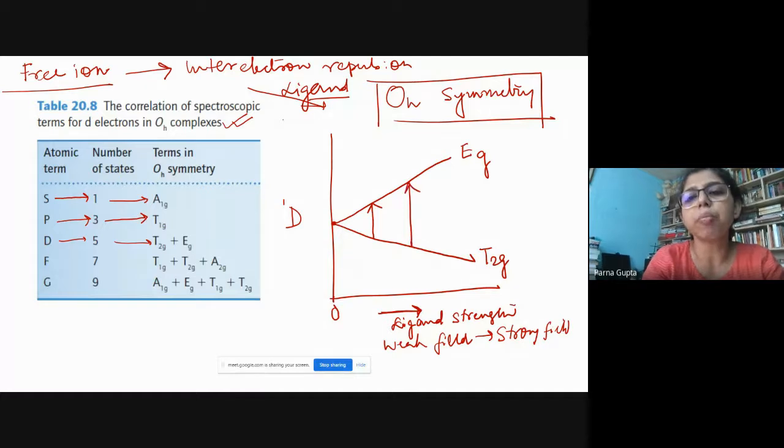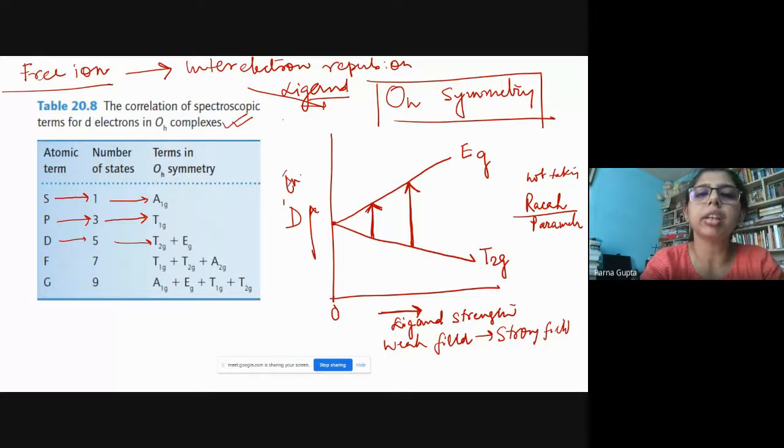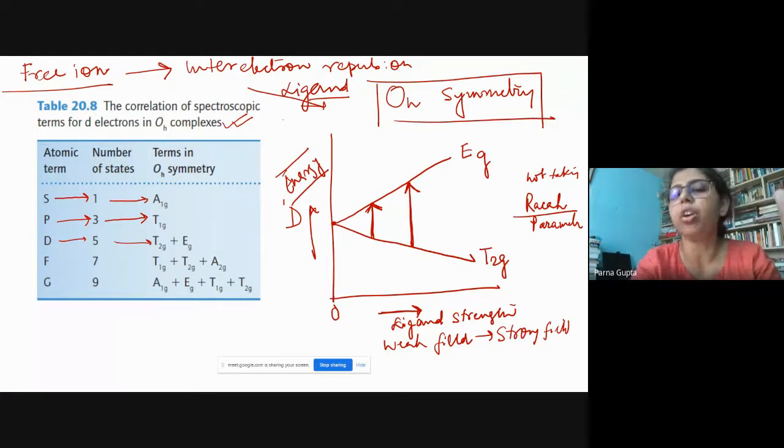This is a very simple thing, because when we are drawing this, we are not exactly taking care of the Racah parameter; we are taking it, but it is not showing in the energy. So if we are just saying energy, we are not taking the Racah parameter.